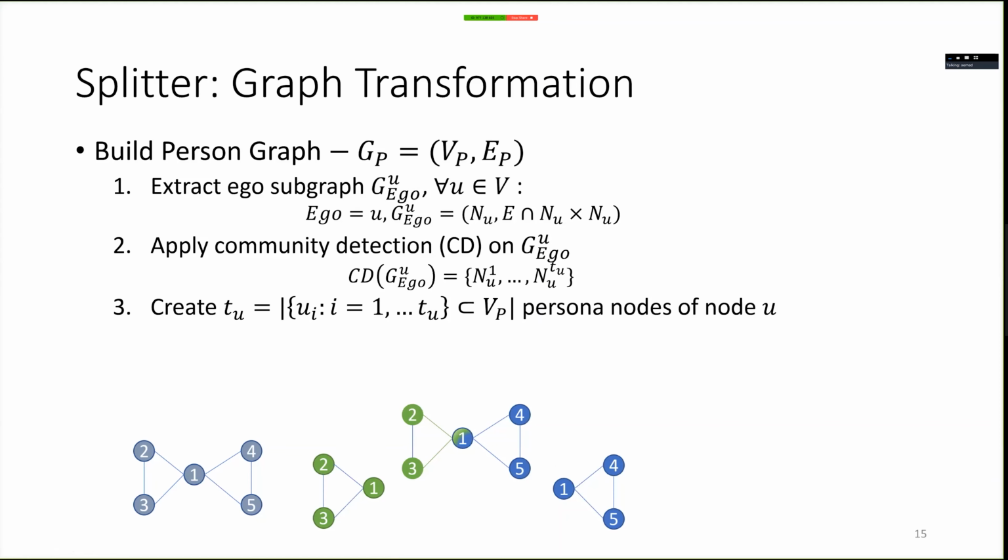So for node 1, because we have two contexts, the blue context and the green context, we replicate it. So we have 2 nodes 1 in the persona graph. That's why I think the algorithm is called the splitter. The other nodes, 2, 3, 4, and 5, all have one context only, so they do not need to be replicated more than once. So we have only one of each of the remaining nodes.